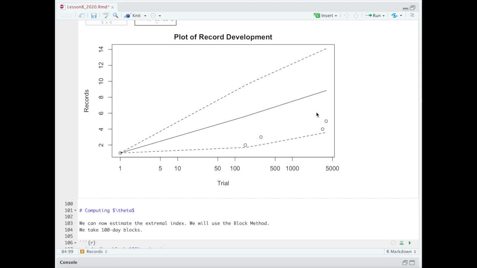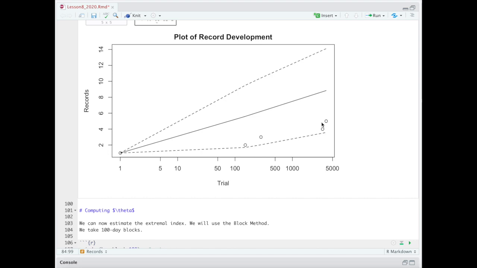So in a situation like the one that you see on your plot, you can be somehow satisfied and say, okay, yes, it makes sense to assume that my BMW dataset satisfies the D conditions, so that I can apply the generalized version of the Fisher-Tippett theorem and estimate the extremal index.